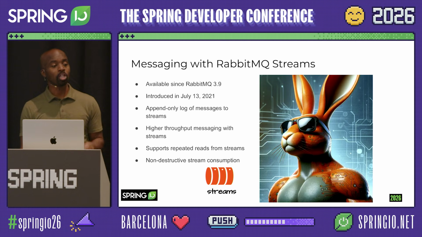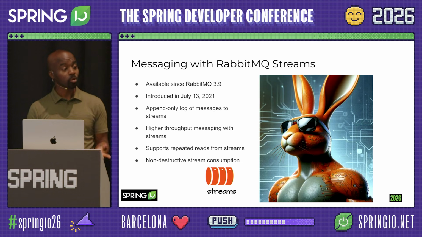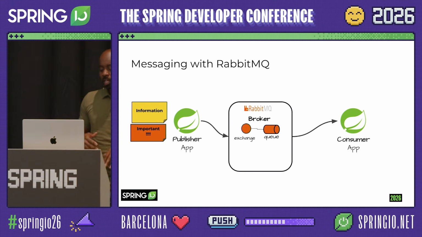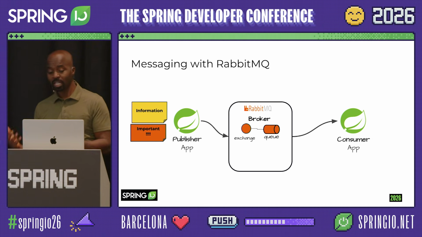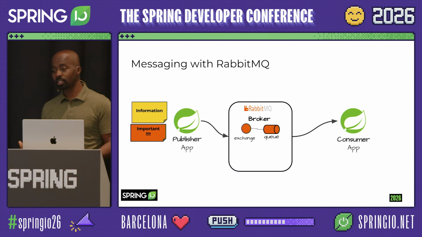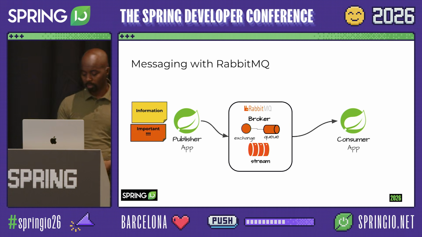So the consumer can always reread those messages. In that case, you could use Rabbit as another source of truth or as a data store. So again, on the same broker or the same messaging system, you can now add to your exchanges and your queues by introducing a stream.